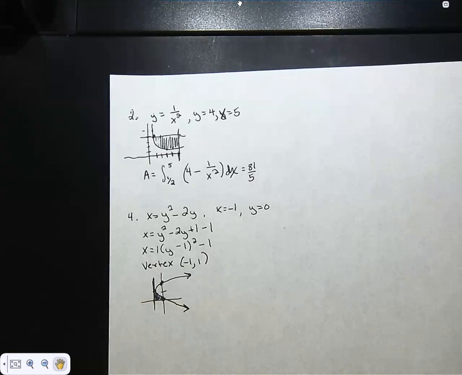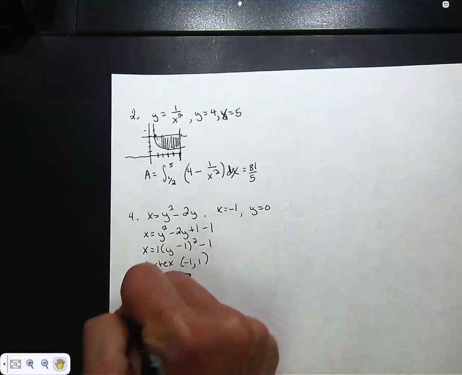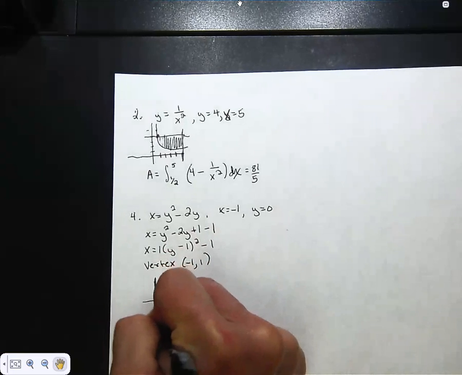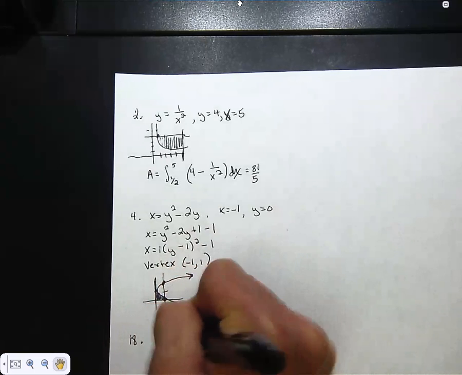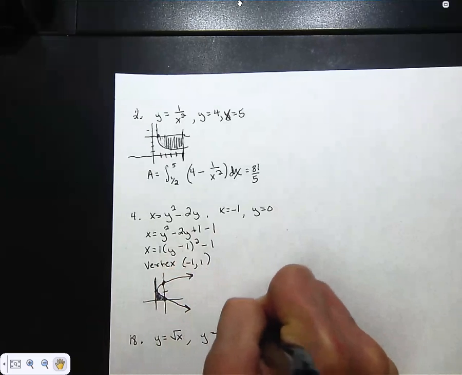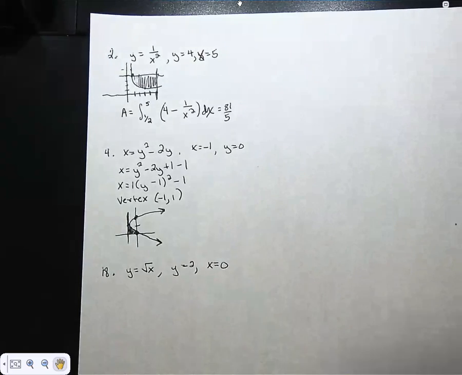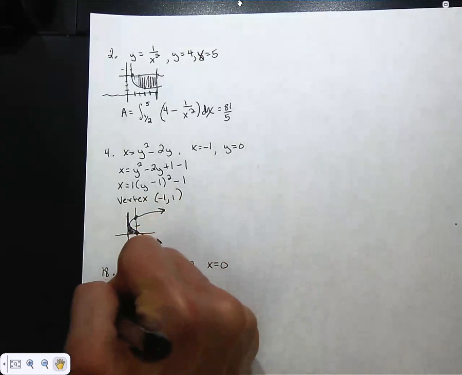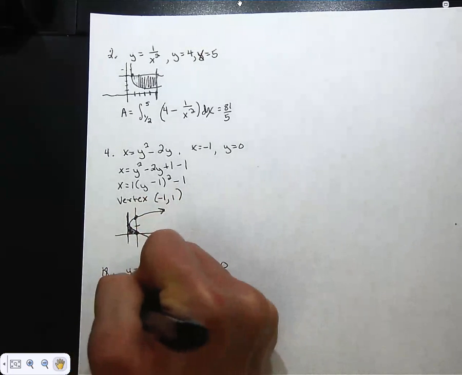All right, 18, and you said part D. You know, y equals square root of x is a sideways parabola.